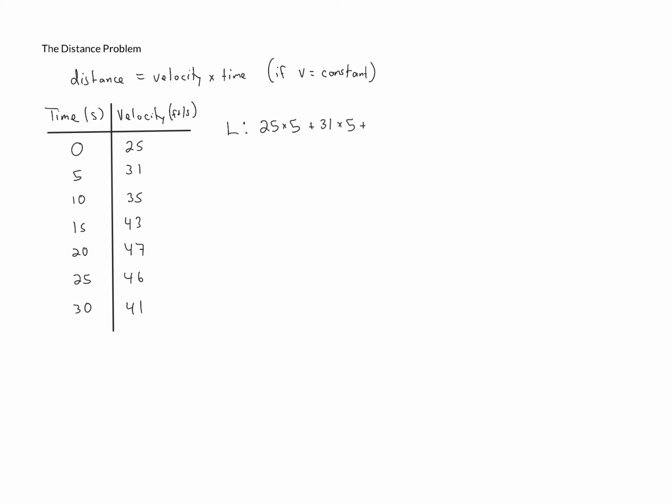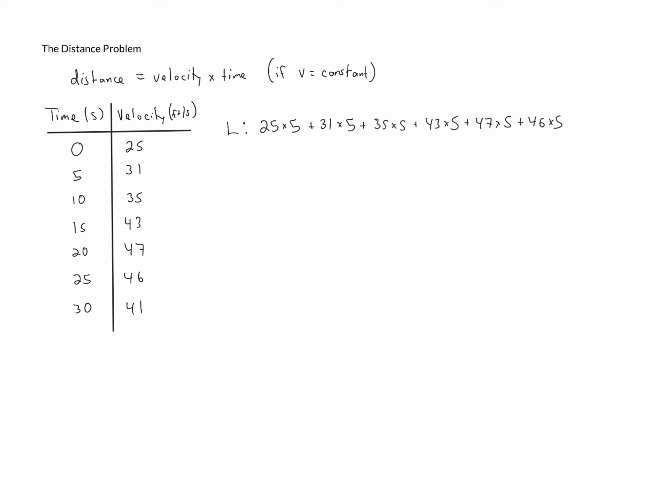And then we keep doing that for the rest of the intervals. The next ones are going to be 35, then 43, then 47, and then 46. So we've got 35 times 5 plus 43 times 5 plus 47 times 5 plus 46 times 5.